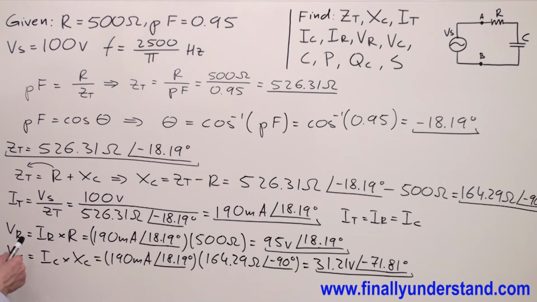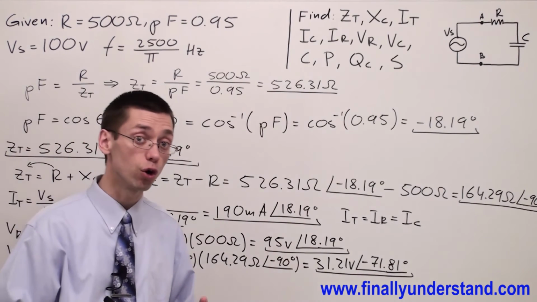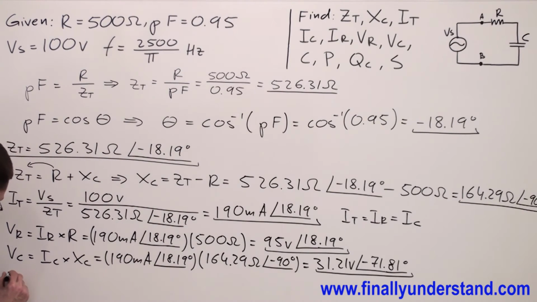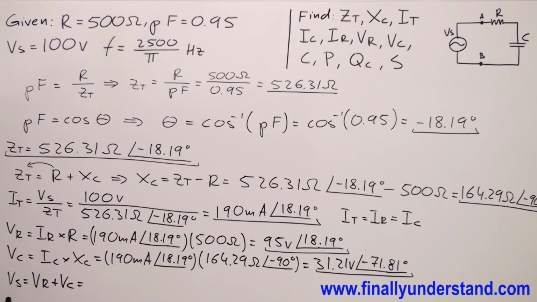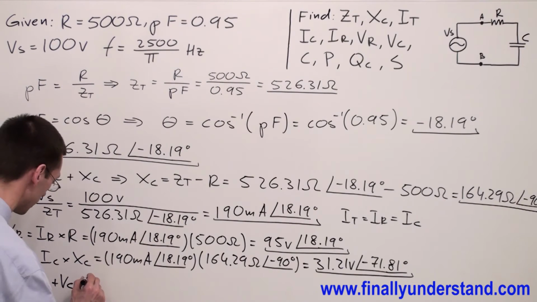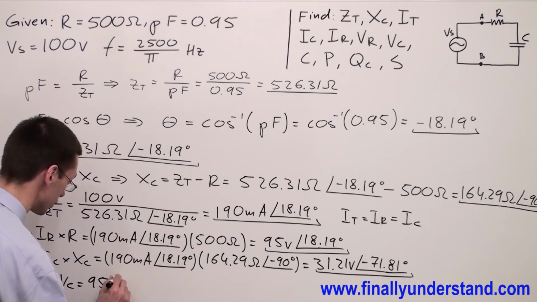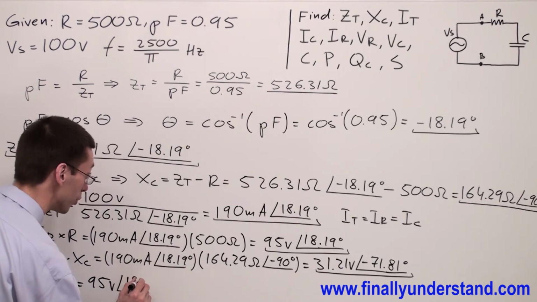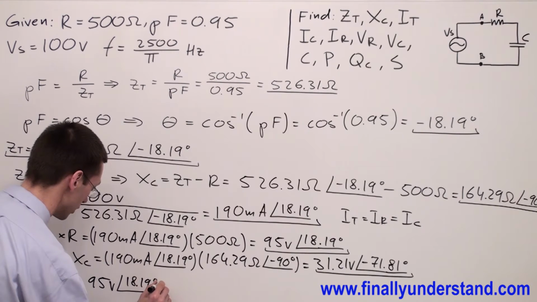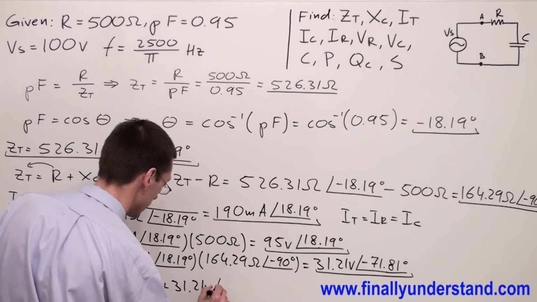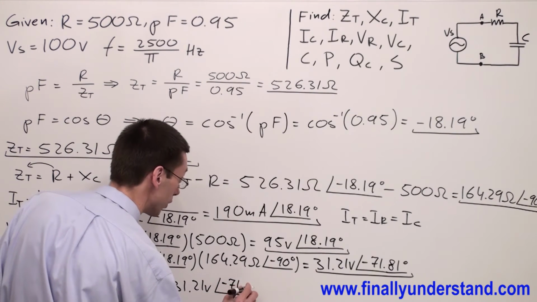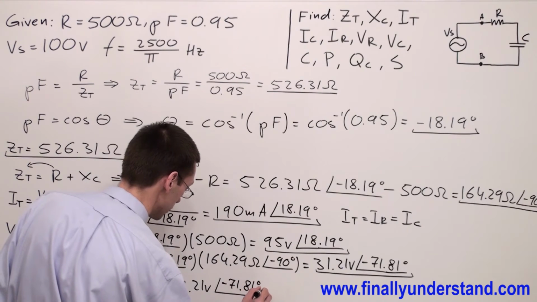Next, we're supposed to verify if our answers are correct. You don't have to, but it's always good to do so, okay? So I'm going to write voltage source is equal voltage across the resistor plus voltage across the capacitor. Okay, this is KVL. So VR is equal 95 volts and angle of 18.19 degrees plus 31.21 volts and angle of negative 71.81 degrees.